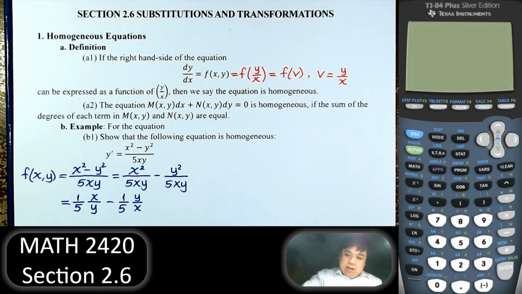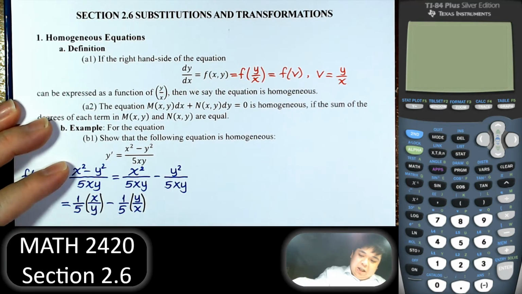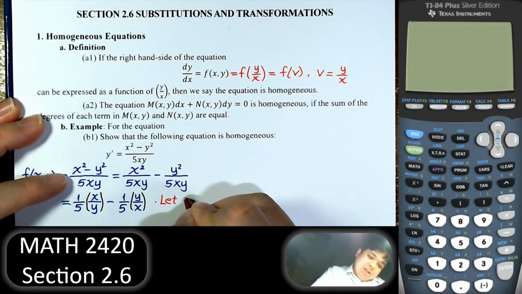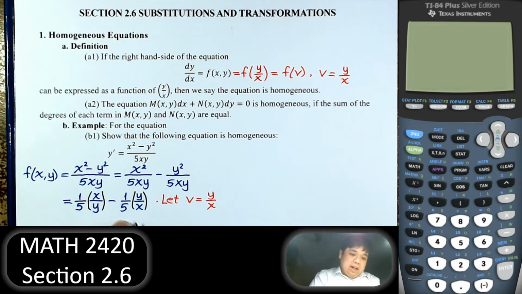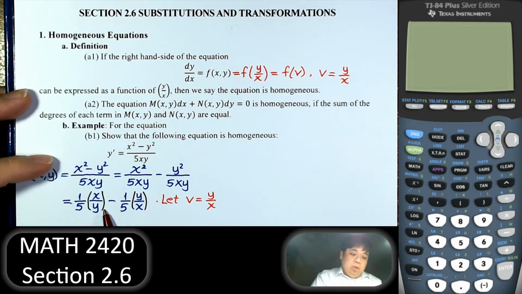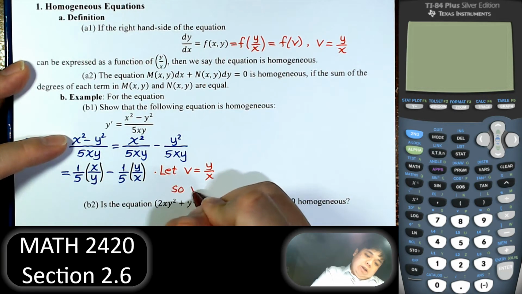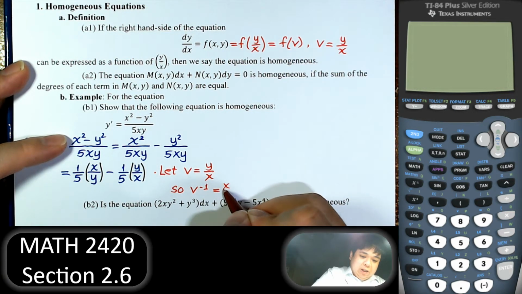Now, you can put x over y and y over x. Now, if we let v equal y over x, then here we have v, and here x over y is the reciprocal of v. If v is y over x, so v to negative 1, we're going to flip, it's going to be x over y.